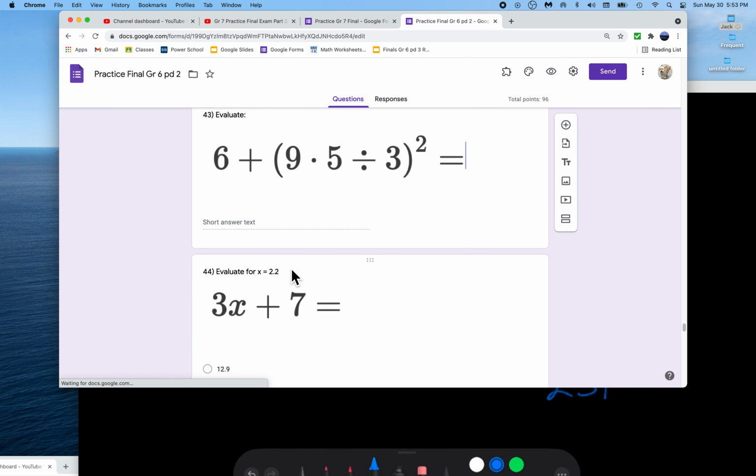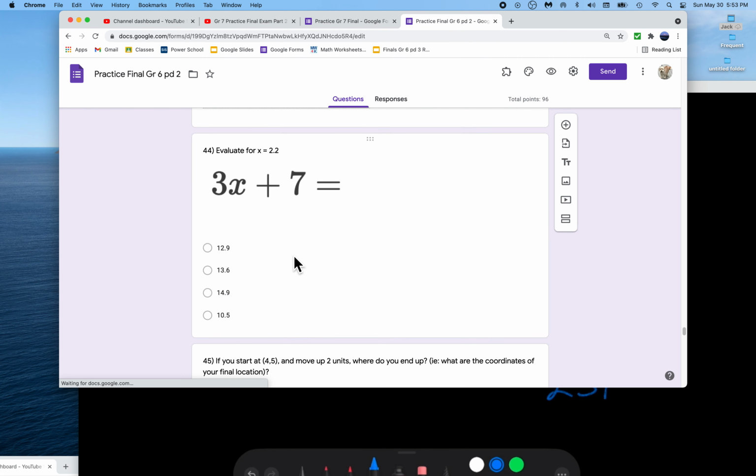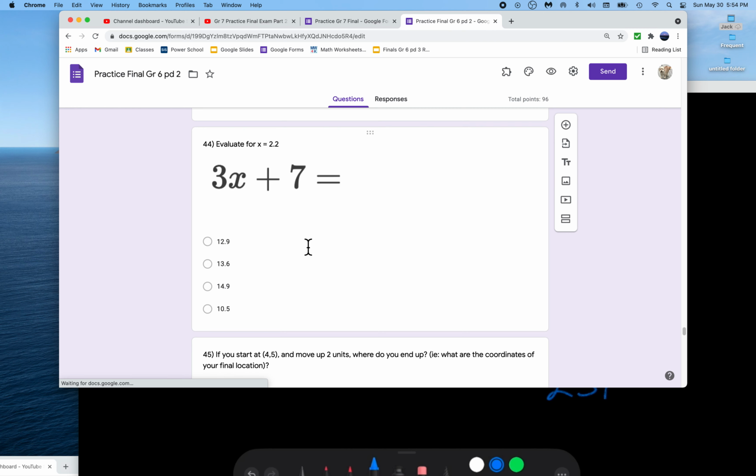Next one. Evaluate this for x equals 2.2. Okay, folks, whenever someone tells you to evaluate something for x equals something, everywhere you see x, you plug in that number. So what we're going to do is take 2.2 and plug it in there for x.